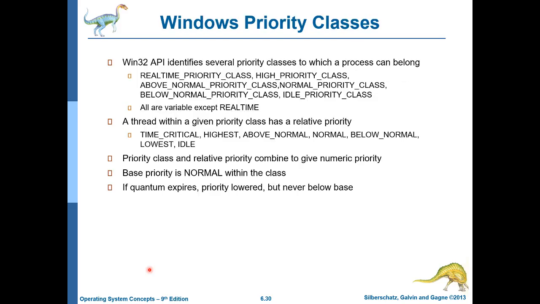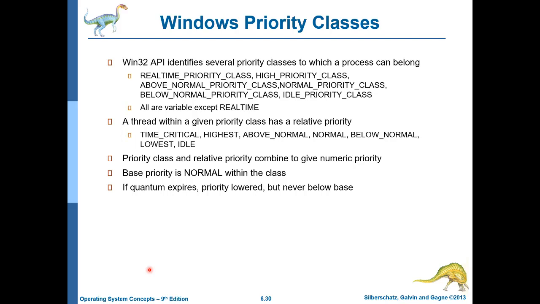So, as a summary, we have here the priority classes for Windows. You know about the Win32 API, which we discussed before. The Win32 API, application programming interface, is provided by Microsoft for writing Windows programs.